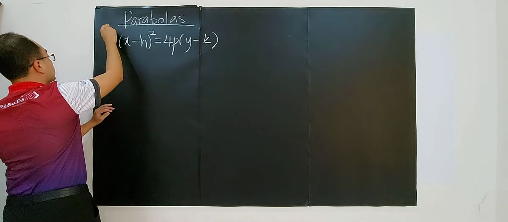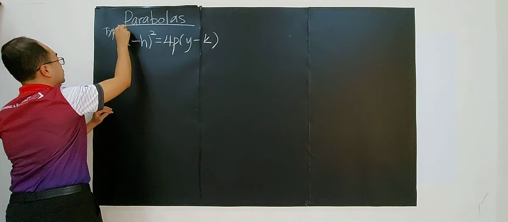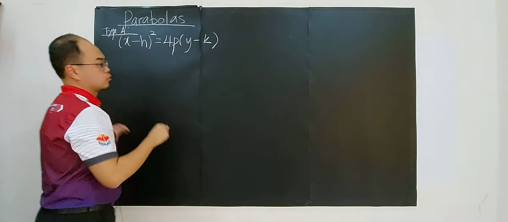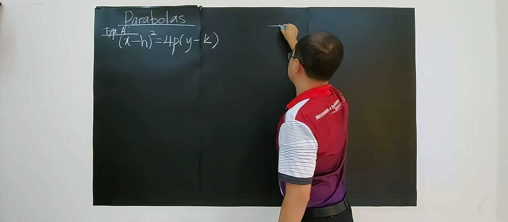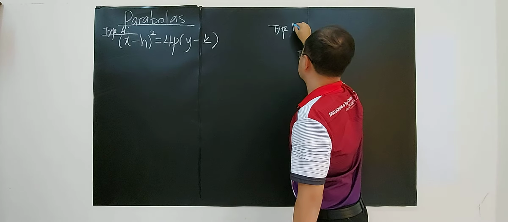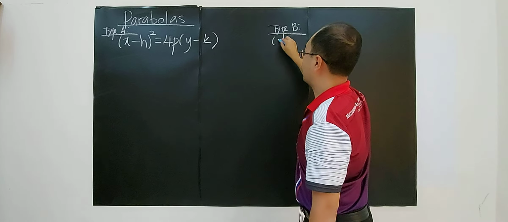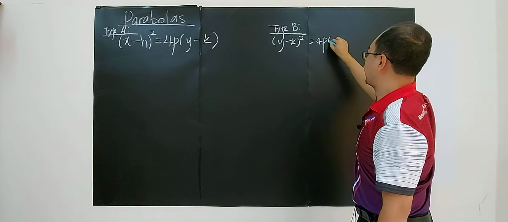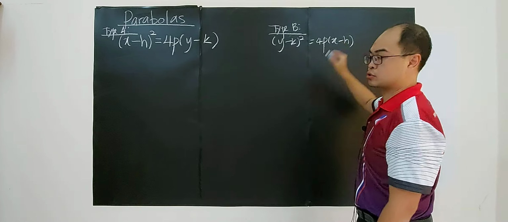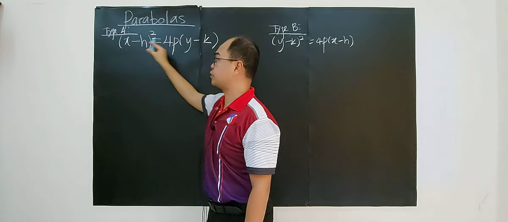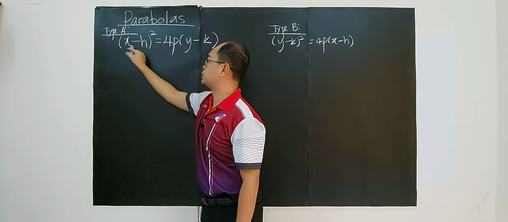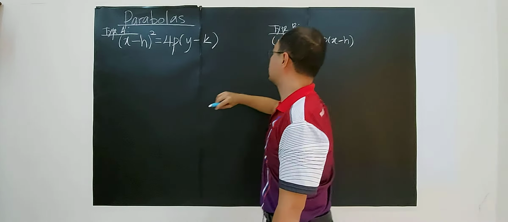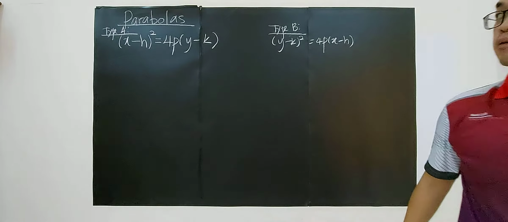This is type A, and type B, where (y - k) is squared, and (x - h) is not squared. You see that one of them will be squared, a complete square. For this one it is (x - h), for this one it is (y - k).